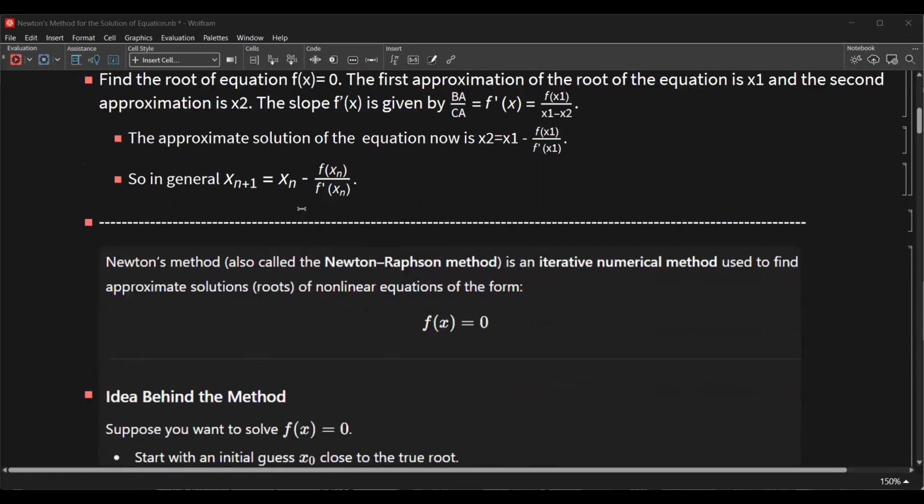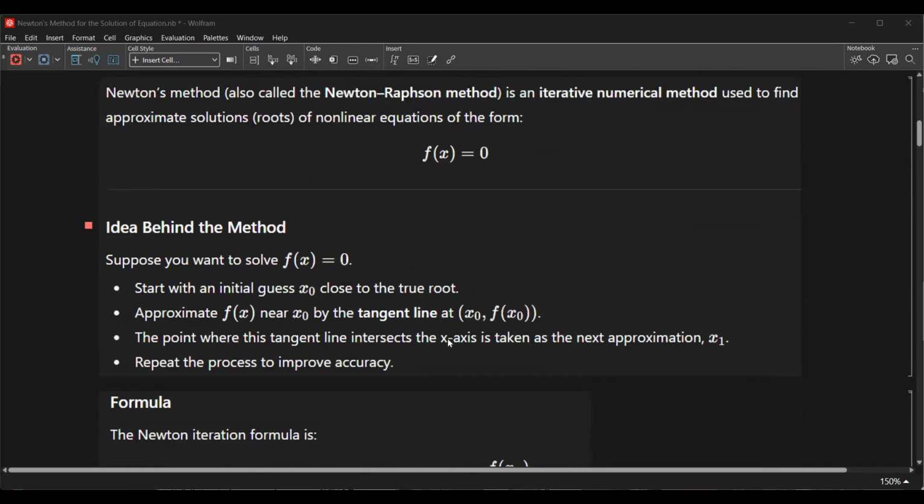Okay. So Newton's method, also called the Newton-Raphson method, is an iterative numerical method used to find approximate solutions of nonlinear equations of the form f of x equal to 0. The idea behind the method: suppose you want to solve f of x equal to 0, start with an initial guess x sub 0 close to the true root.